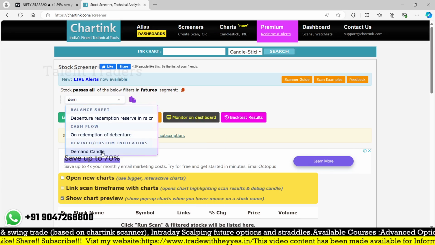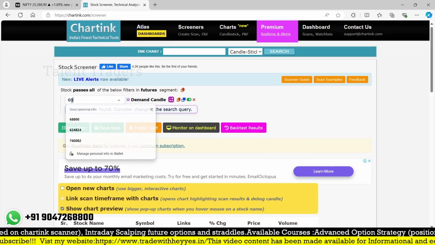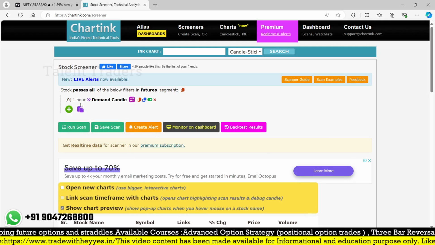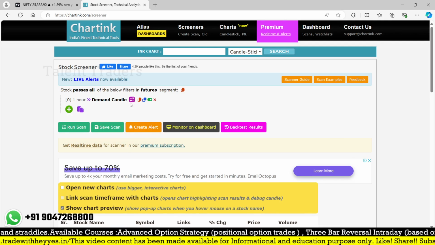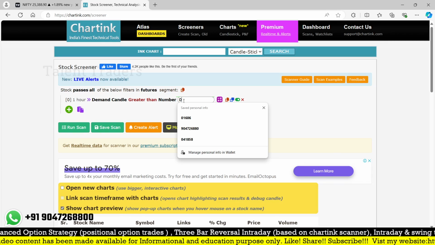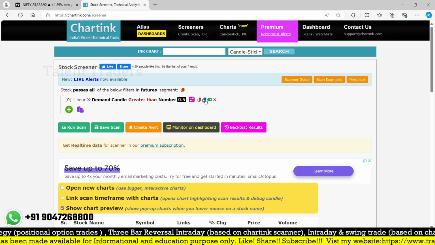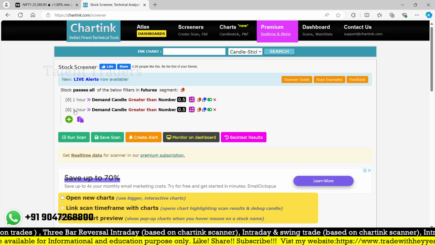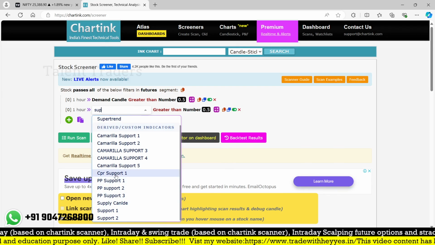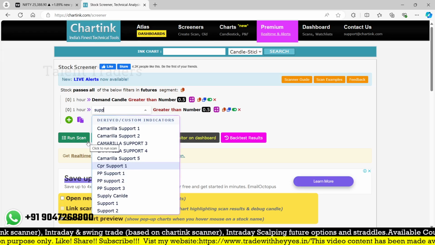We are looking for a demand candle. It is a customized indicator on the 16 minutes time frame. So 1 hour, and it must be greater than, this is a normal formula which we have used before. Because of the adjustment of that particular scanner, we can copy it, and here it should be the supply candle which we created with scanners.